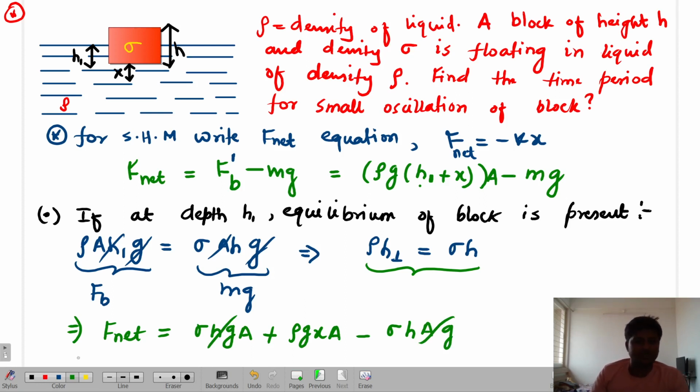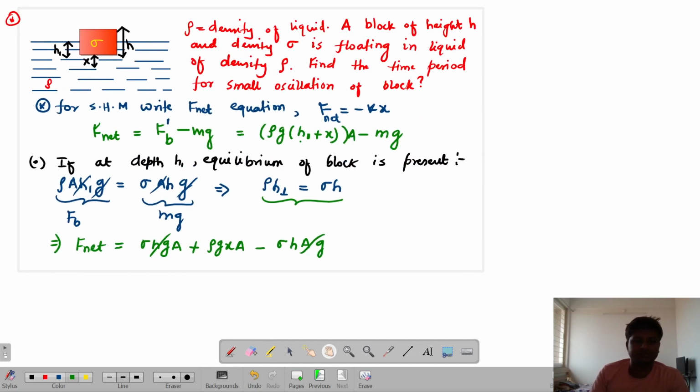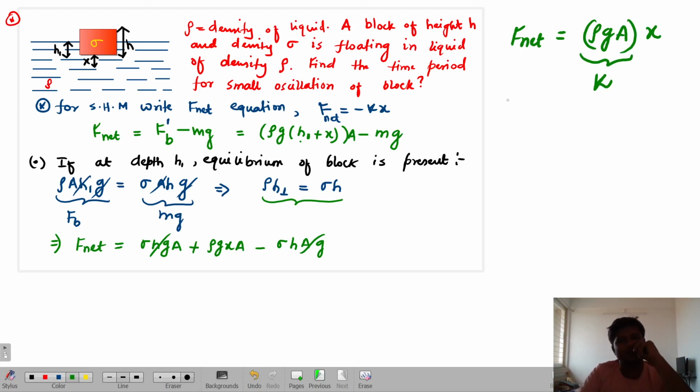Yes. So what is the net force equation? I got F net is equal to rho g A into x, and that can be treated as k. I'll write it in terms of minus, because this is always restoring. So a is equal to minus rho g A by mass into x. But what is mass?